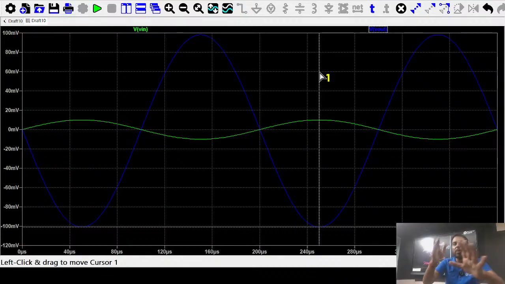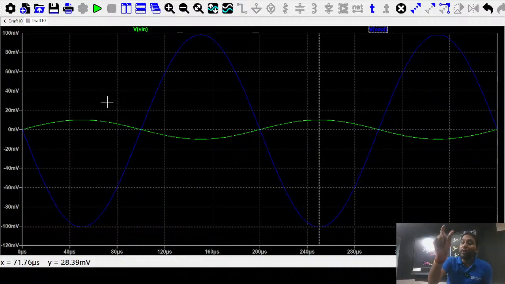I am assuming that the peak to peak is 200 millivolt. So the 200 millivolt upon the input voltage, whose peak to peak is 10 millivolt plus and 10 millivolt minus. So peak to peak of V out is 200 millivolt and peak to peak of input is 20 millivolt. So 200 millivolt upon 20 millivolt is 10.